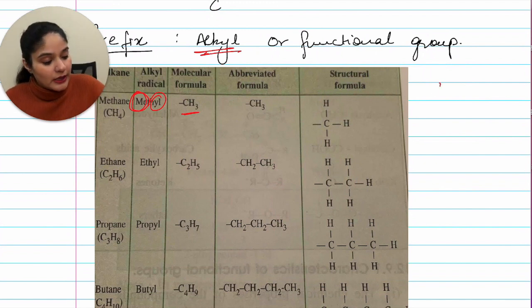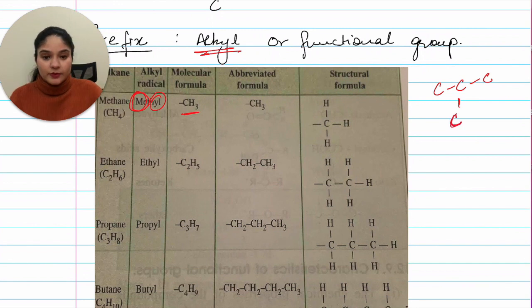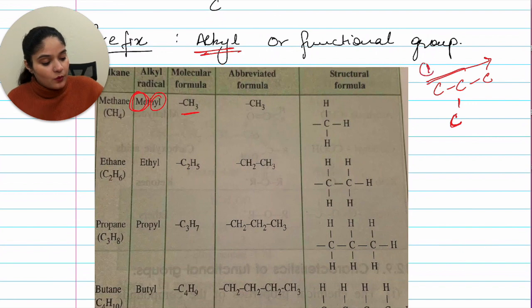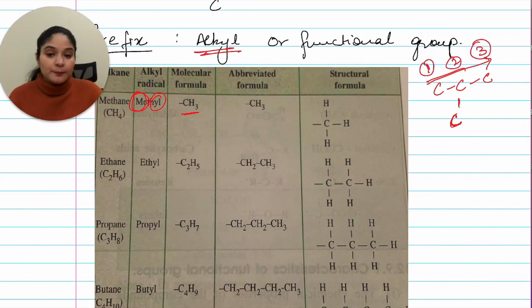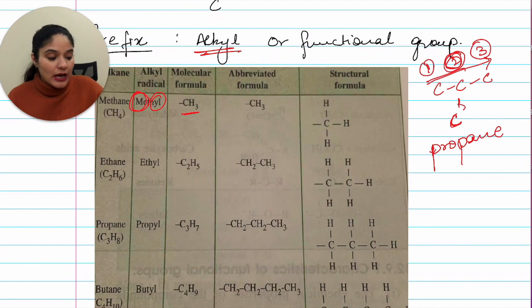If I say that, okay, over here I have a C here. Okay, so you will number it like this, 1, 2, 3, and all single bonds. So this will become propane. And at the second position, you have a single carbon. So this will become methyl. So at what position?